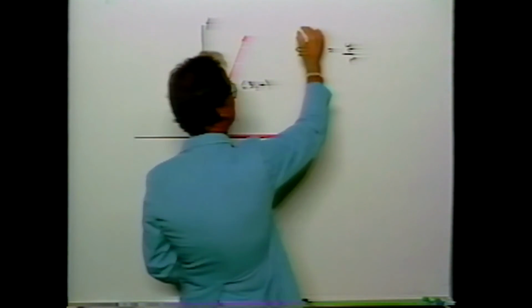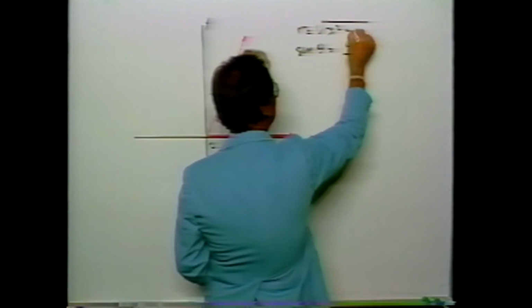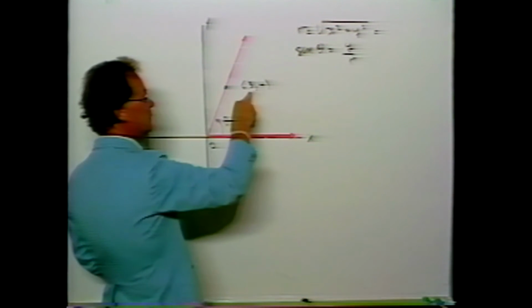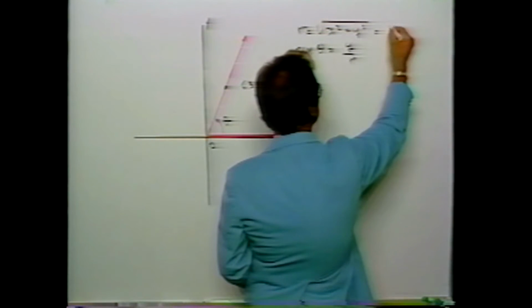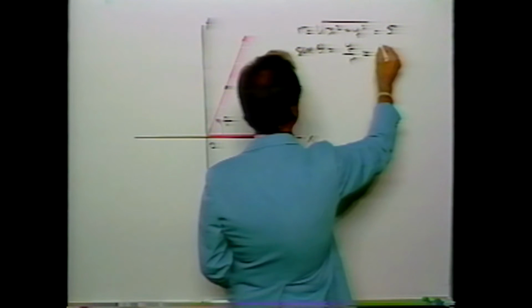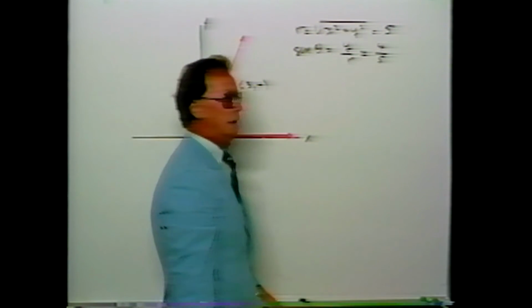And r is found by taking the square root of x squared plus y squared. In this case, it is 4 squared plus 3 squared, which is 25, and that amounts to 5. Consequently, sine theta is equal to 4 over 5, or 0.8.